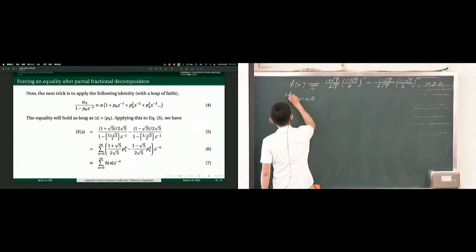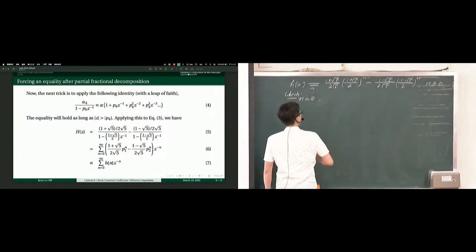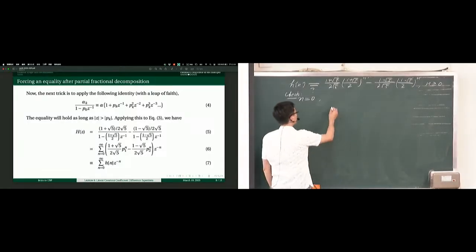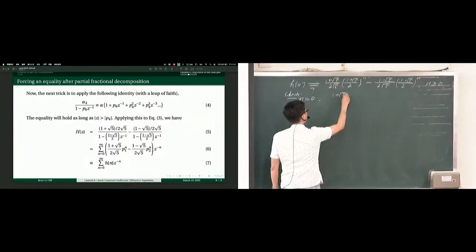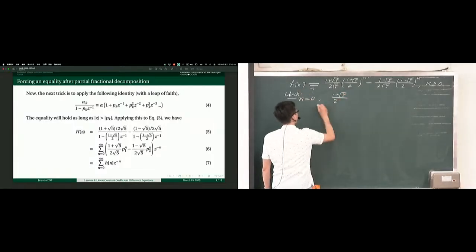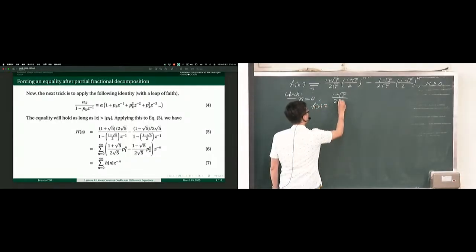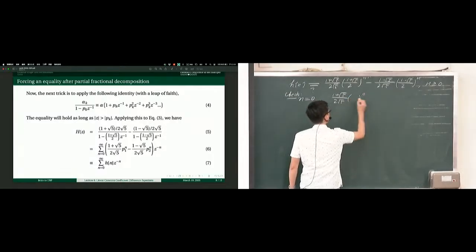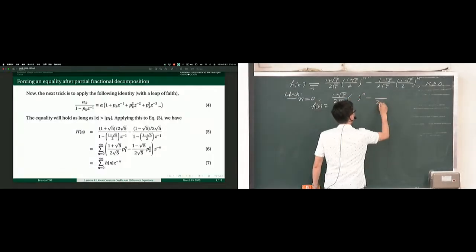Let's check. If n equals 0, what do we have? When n equals 0, seriously, we can check. 1 plus square root of 5 over 2. Then on the left, we have h0 equals that, and something to the 0th power should be 1. You can check a few terms.